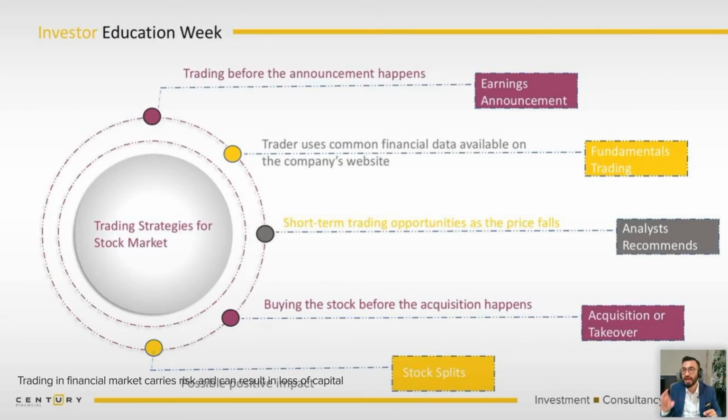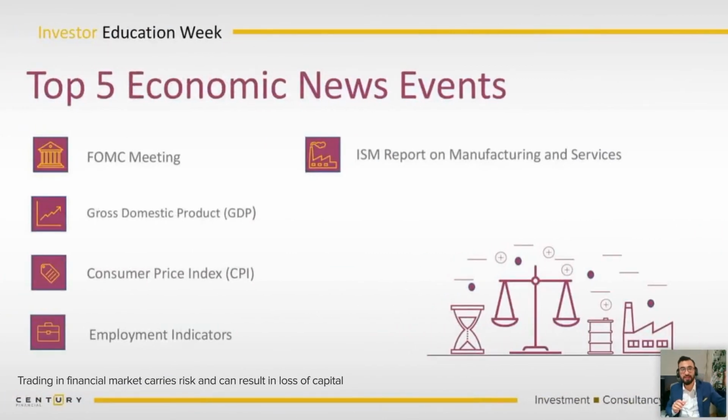What does it tell you? It tells you how many jobs were generated in the private sector in the US in the previous month. Why is this important? Because if I am the central bank and I think people have enough money in their pockets, I need to increase the interest rates. But I cannot just increase the interest rates if the jobs data is poor.